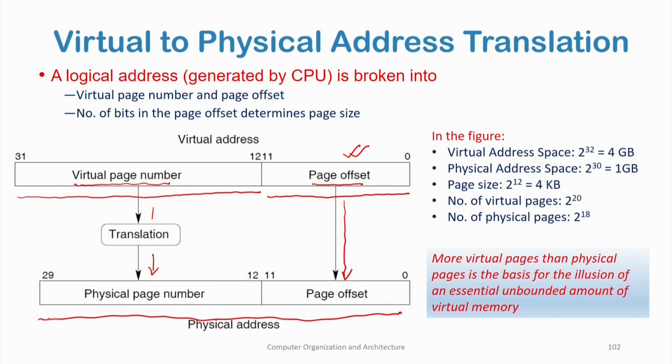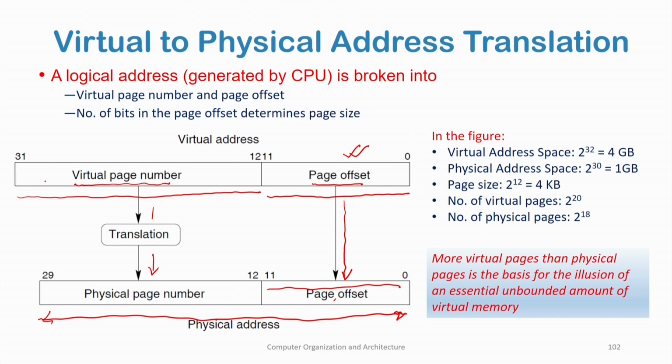So, this whole thing, after translation, will be floated onto the memory address register. The page offset part, these bits will be just placed as it is in the physical memory address.